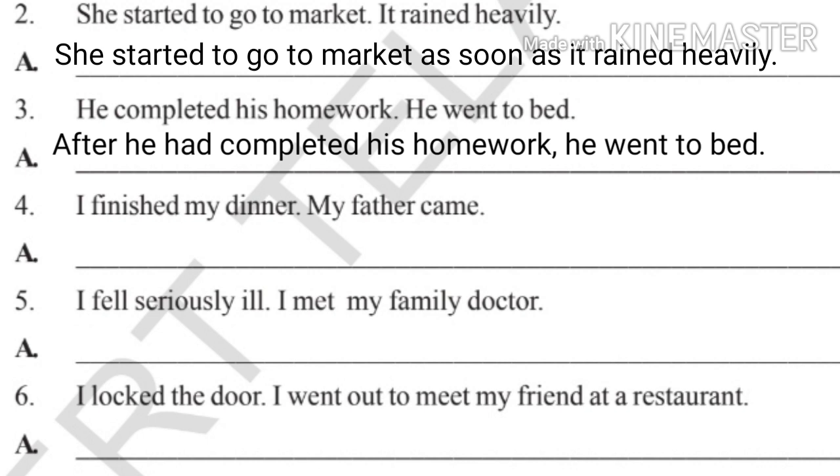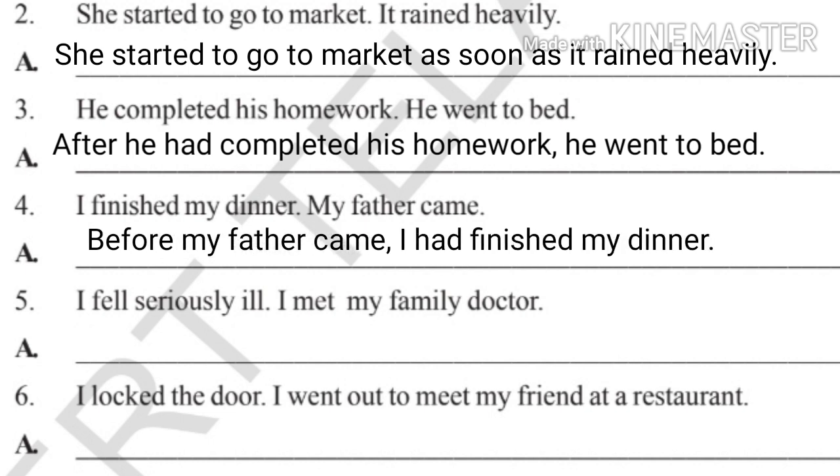For example, let's start this sentence with the linker before. So, before my father came, I had finished my dinner. Next, fifth one. First sentence: I fell seriously ill. Second sentence: I met my family doctor.